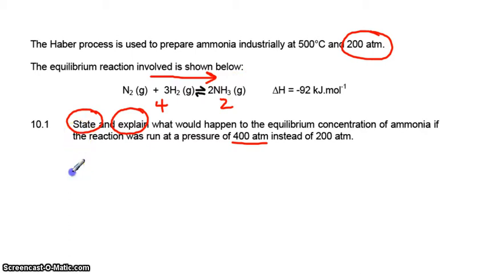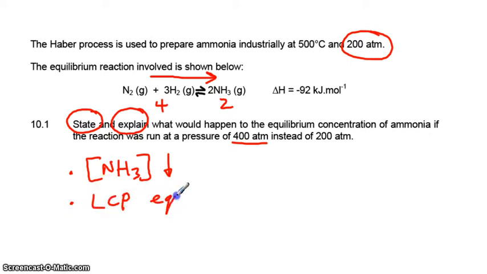So let's start by stating what will happen. The equilibrium concentration of ammonia would decrease. You'd write that in a nice full sentence. The explanation is that according to Le Chatelier's principle, the equilibrium will shift to decrease the pressure.